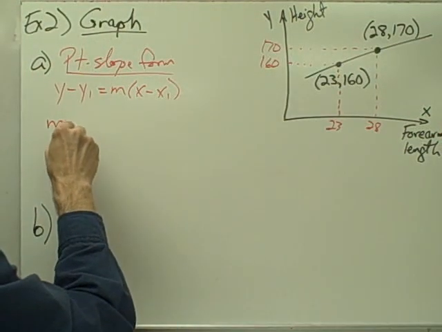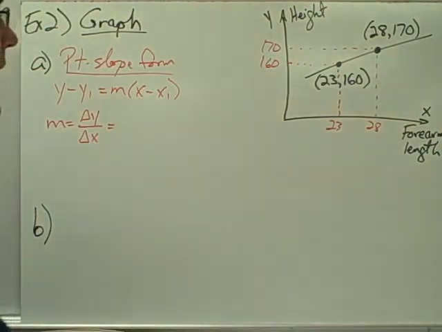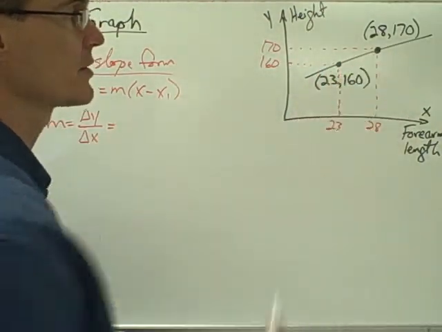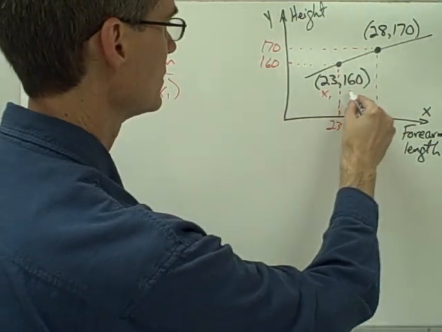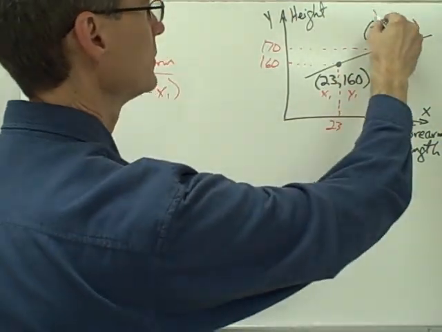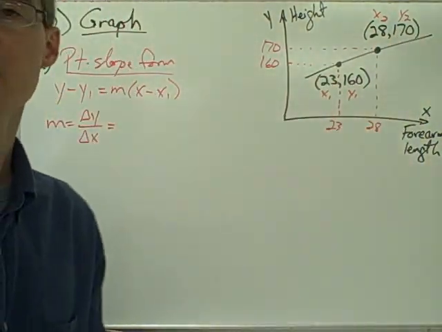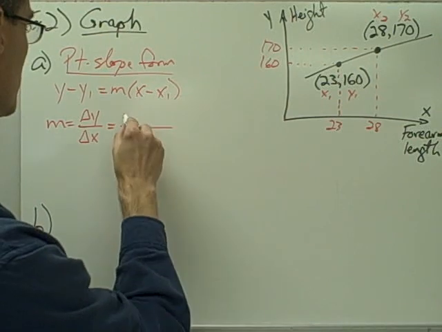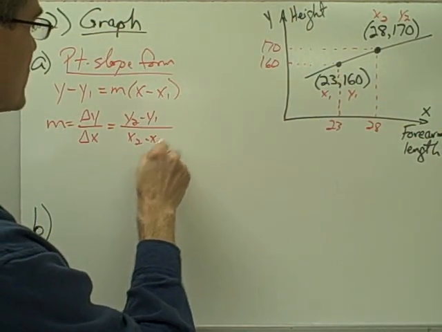Well, my slope, again, is just delta y over delta x, and I can use these 2 points to calculate my slope. So let me call this x1 and y1, and I'll call this x2 and y2, and I can just plug these values in and calculate my slope. So this is going to be y2 minus y1 over x2 minus x1.